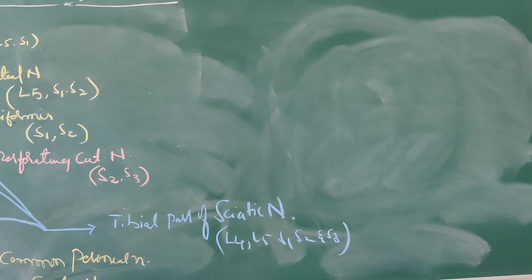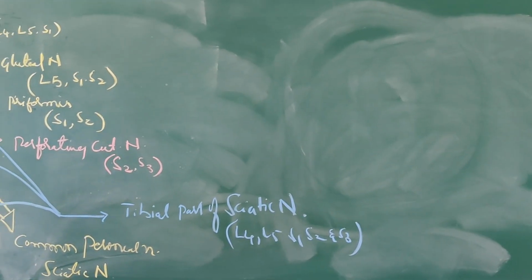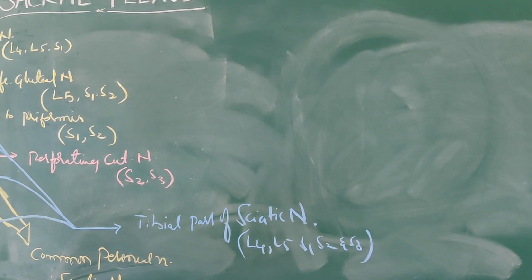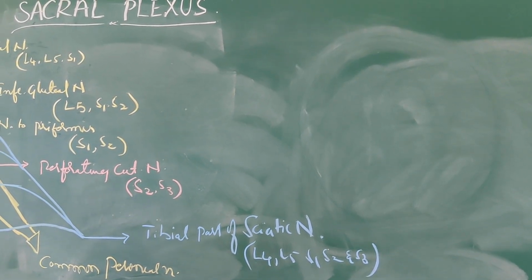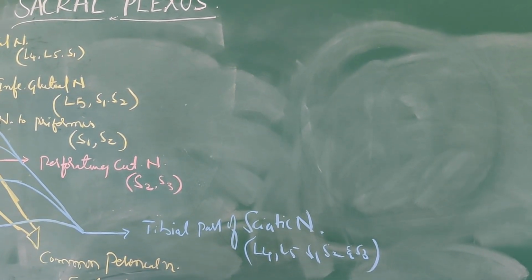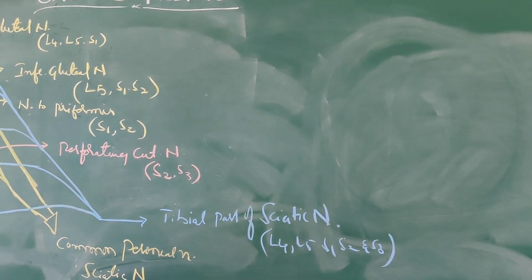Then what are the other branches arising from the anterior divisions? We have the nerve to quadratus femoris, which arises from L4, L5, S1.